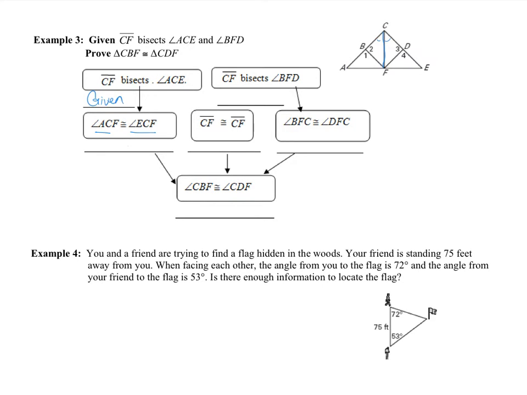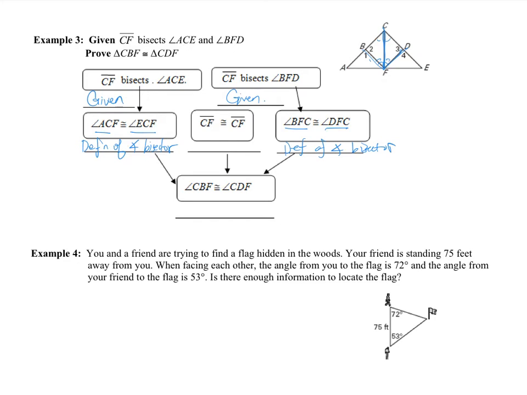And CF also bisects angle BFD, so I can say angle BFC is congruent to angle DFC. So here I'm going to write given and definition of angle bisector, and definition of angle bisector.